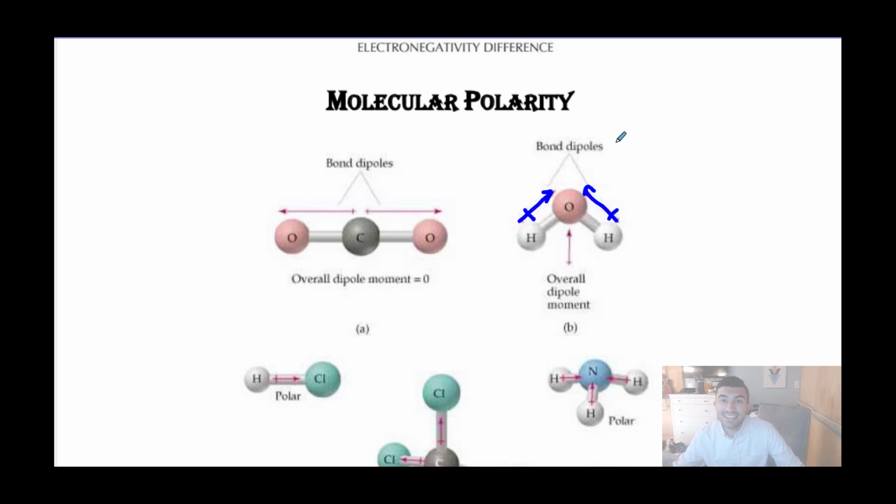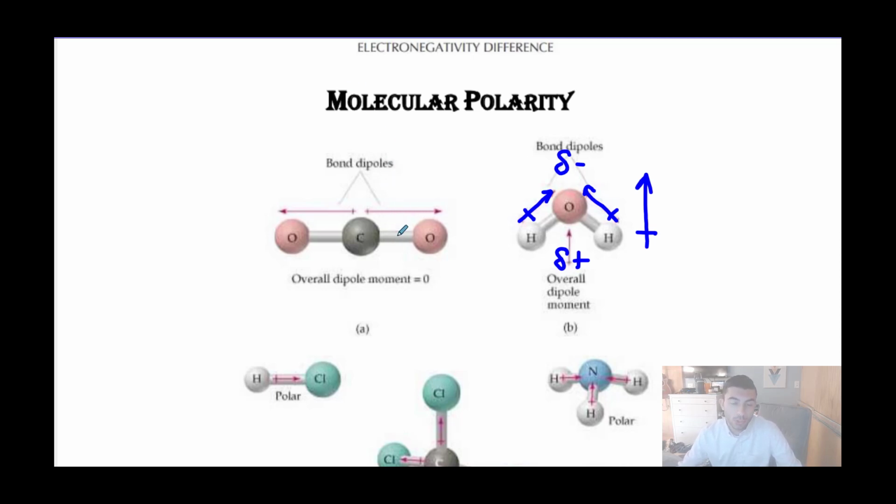And because of the asymmetric shape of the water molecule, the way that the oxygen is pulling the electrons from the hydrogens, if we add those forces, we get an overall pull of electrons up in that direction, which makes this end of the molecule more negative and that end more positive, right? Partial negative and partial positive. So water would be considered a polar molecule because of that.